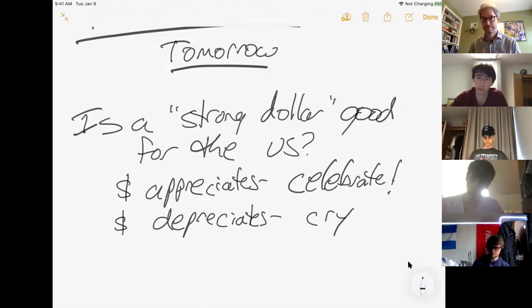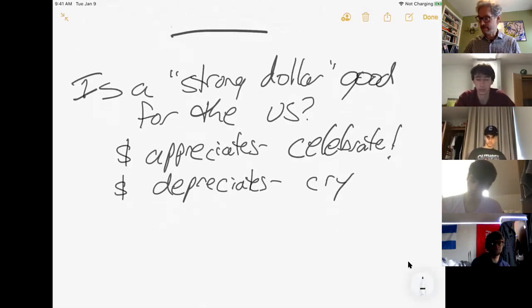Absolutely not. Because what does it mean when the dollar appreciates? Well, it doesn't really mean much in the sense that, yes, it's good for some people and it's bad for other people, but that doesn't mean that it really has any meaning outside of that, right?